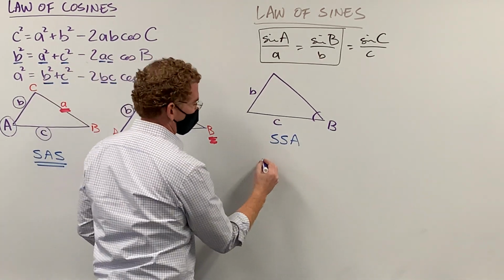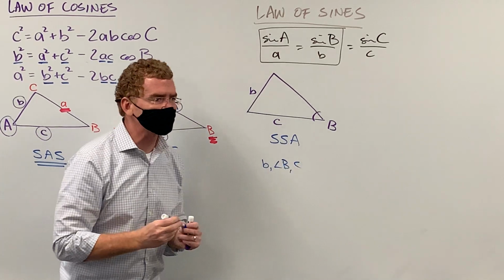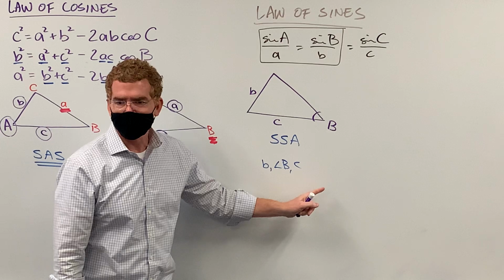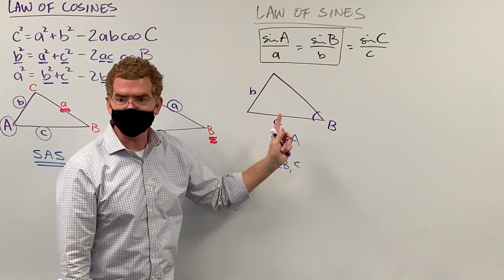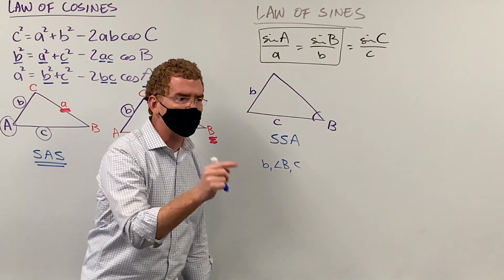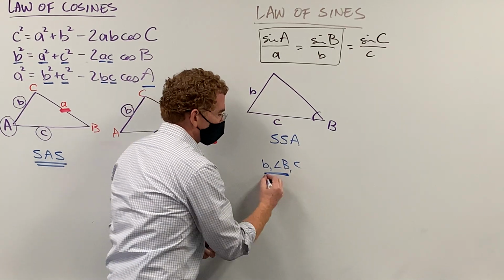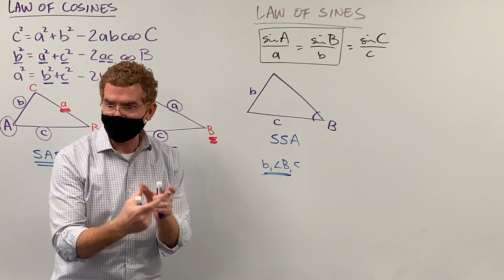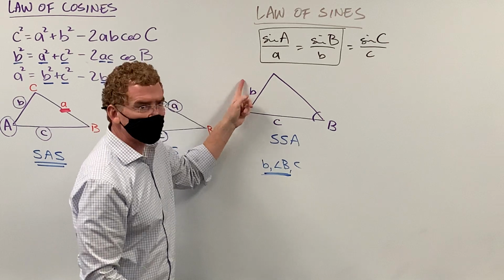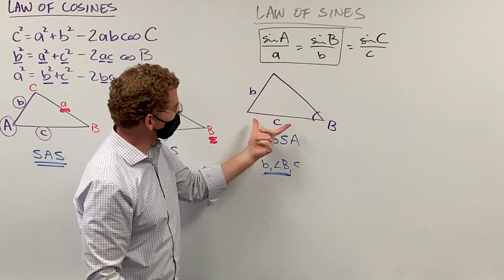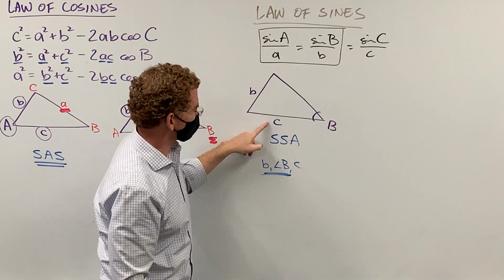If I list them B, angle B, C, that does not make this side, angle, side. It's how they show up on a triangle. And you can see it's going to be side, side, angle when you see 2 sides and an angle, but what? A matching letter. Because a matching letter means you have the angle and then the side opposite it. And if there's another side in there, whether it's C or A, you have side, side, angle.